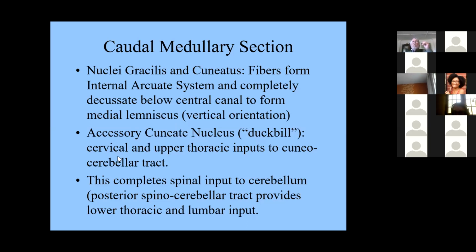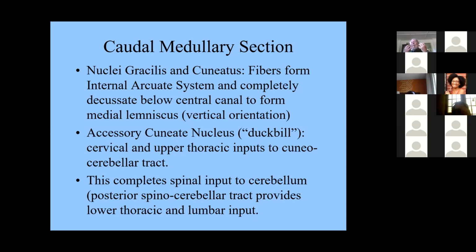Remember that when we saw the posterior and anterior spinocerebellar tracts, where did they come from? They came from the nuclei of Clark, which was found somewhere around L1, L2, and all the way up to C8, but not rostral to C8.